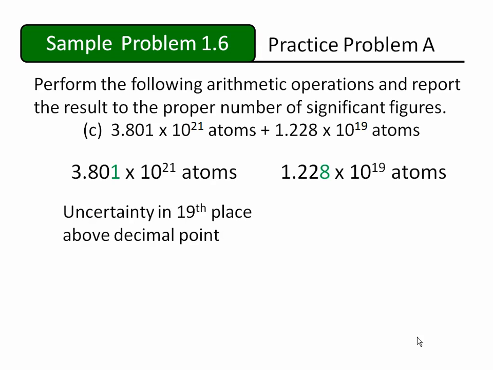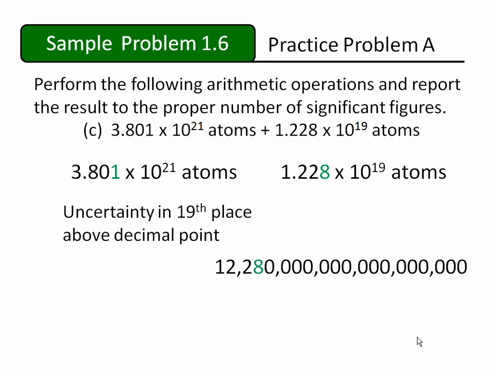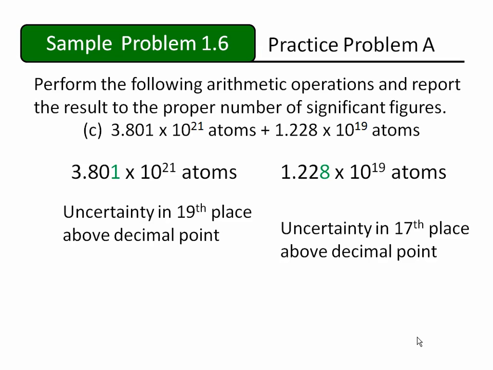The value 1.228 times 10 to the 19th atoms has an uncertain 8. This 8 occurs at the 17th place above the decimal point. Here's how you could visualize that by writing the number in decimal form. This means that the highest decimal place with uncertainty is the 19th decimal place.